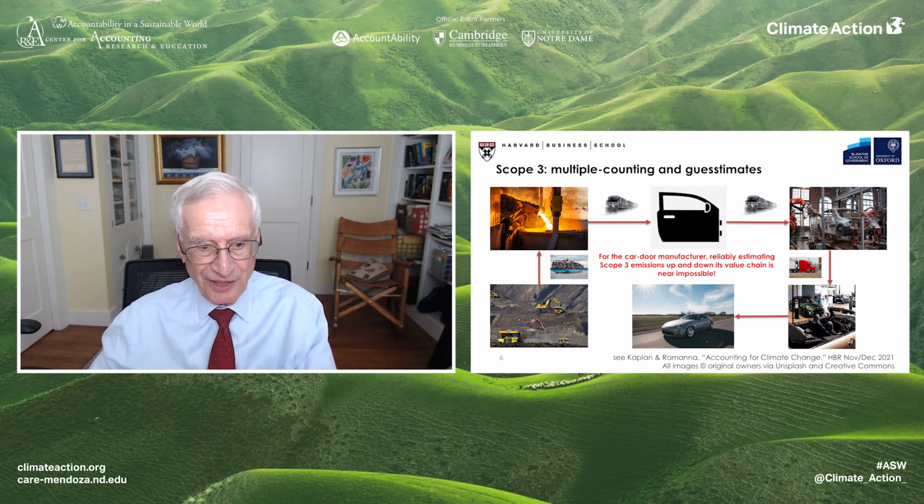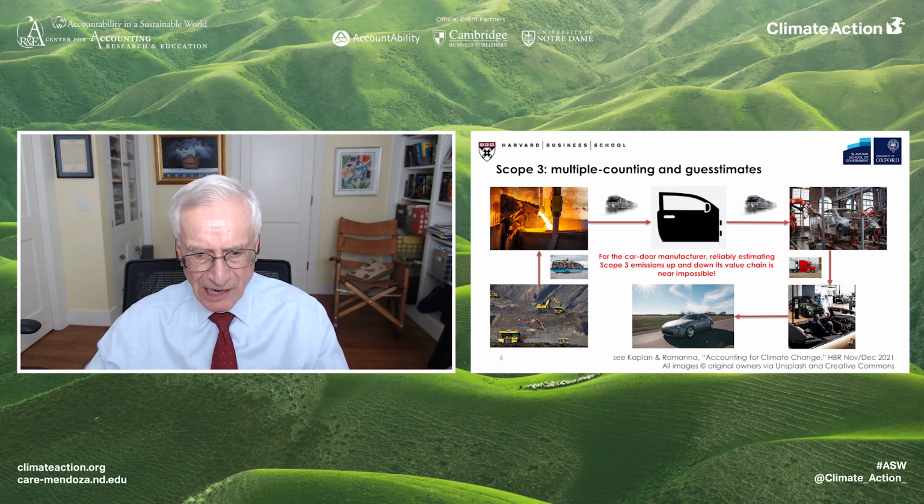But then also, if they have to think about downstream, they have to worry, well, what is Toyota or BMW going to be doing with this car? How do they put it together? And then what are the drivers who are going to drive the car going to be doing with it? And this is an incredibly complex job to start calling up and trying to get data from all these places.